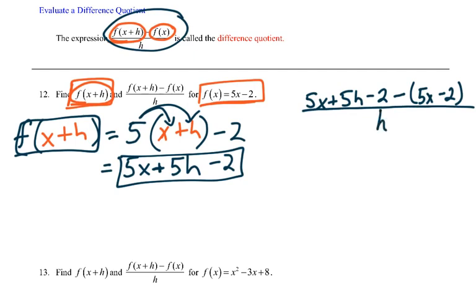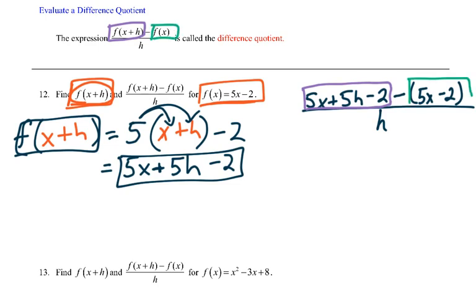Let me make that clearer as an h. So I'm going to kind of color code up here each part. The purple here is my f of x plus h minus my f of x, which is right here, all over h, which I have right here. So now what I can do is simplify this difference quotient.